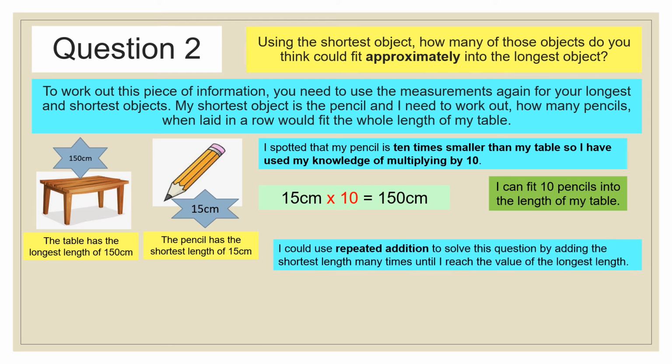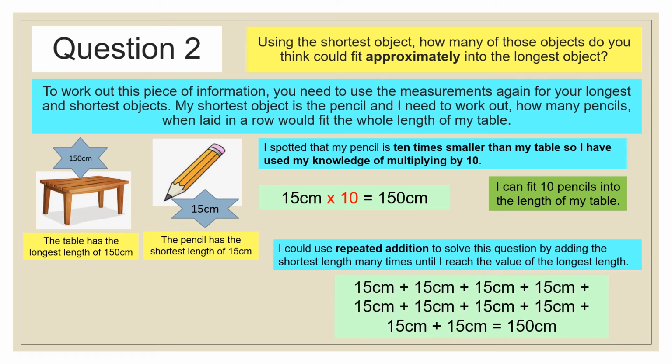So let's have a look at repeated addition. So you can see that I have added 15 centimetres repeatedly, and I've done it 10 times until I've reached 150 centimetres.